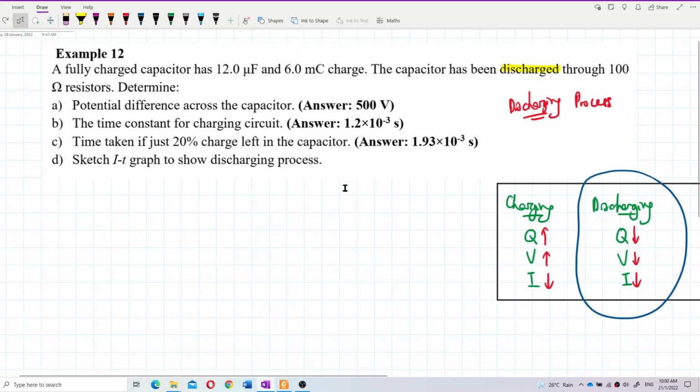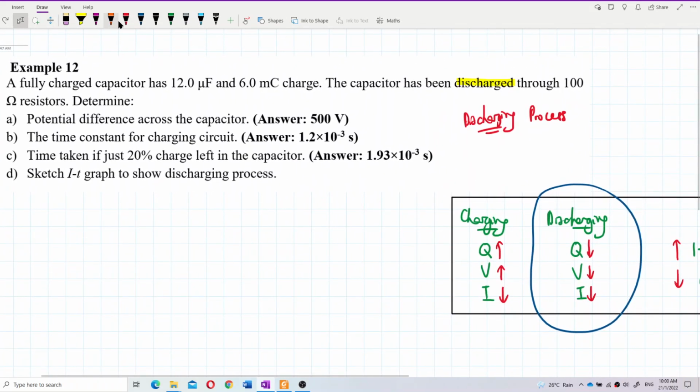Right now, what quantities do I have? I have a fully charged capacitor, so this capacitor can discharge. Because it is fully charged, this is the Q naught, the maximum initial charge.